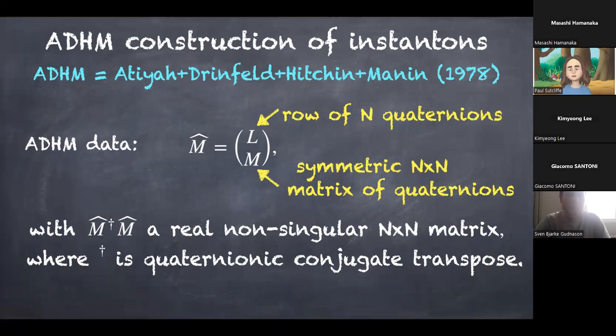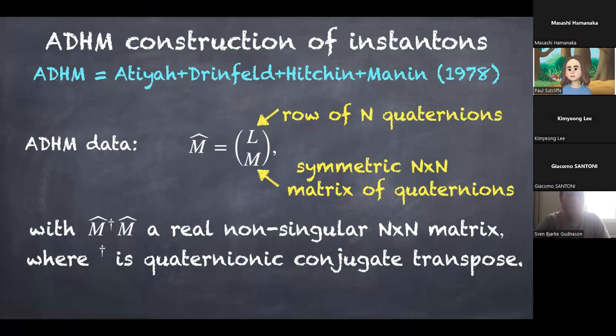So if you want to construct an instanton, your starting point is just a matrix whose size depends on the number of instantons that you want to find. And it's a matrix of constant quaternions. So you take a symmetric n by n matrix of quaternions and you stick on top of it a row of n quaternions.